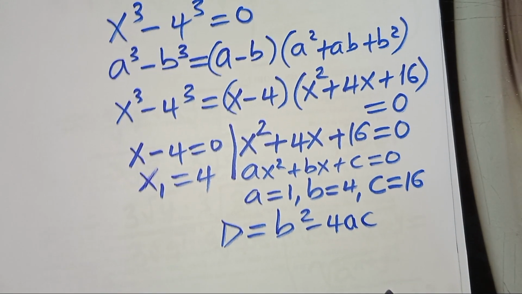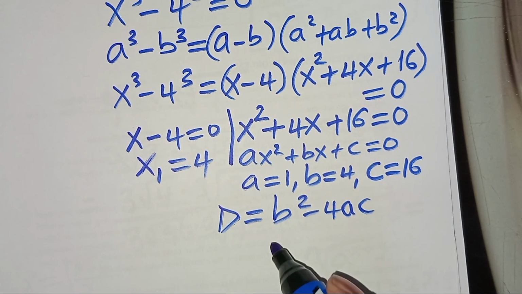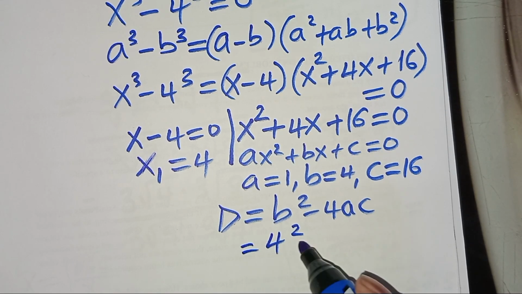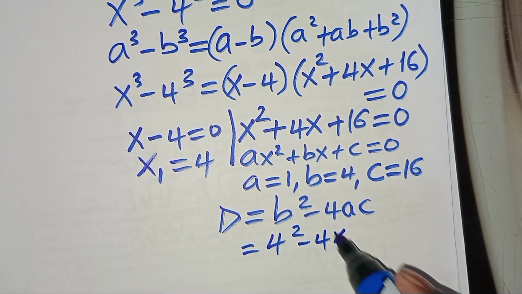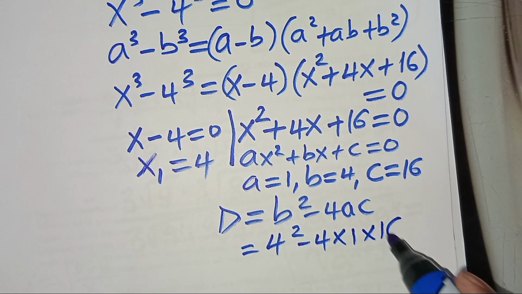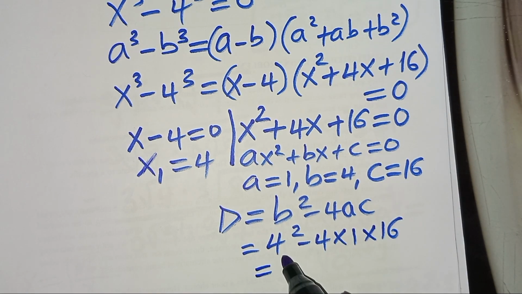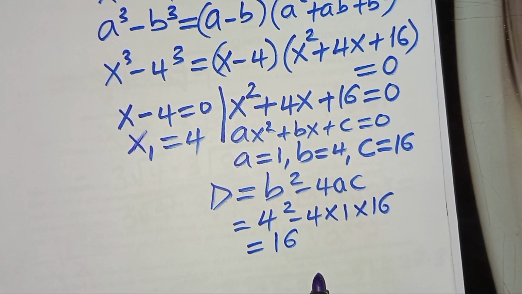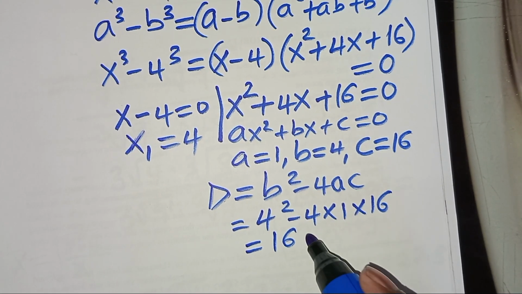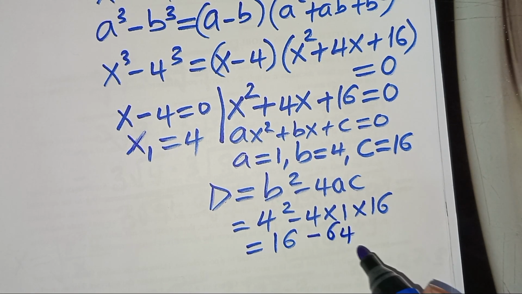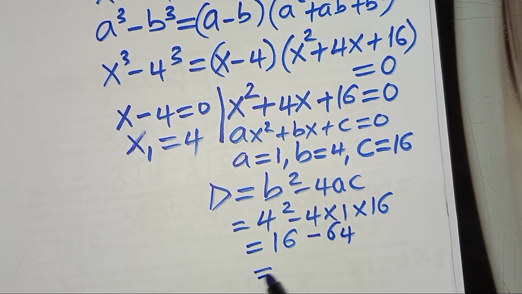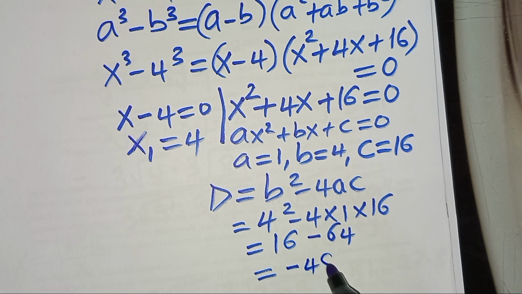This is 4 squared, subtract 4 times a, which is 1, times c, which is 16. So here we'll have 16 subtract 64, which is negative 48, which is less than 0.